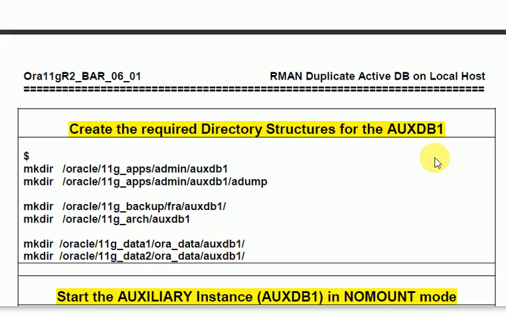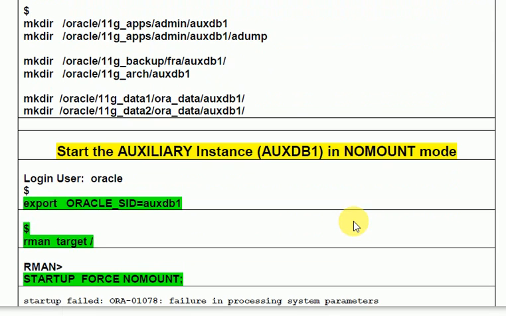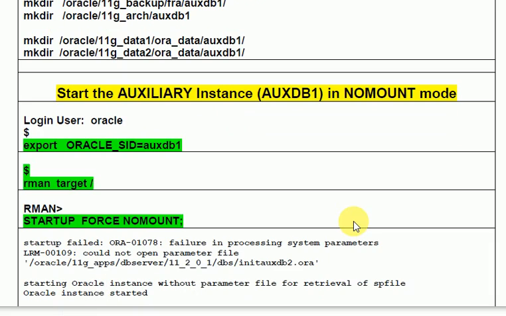Once that is done, you create the directory structures for the dump directories, audit data, database data files, flash recovery area, and archive files. In this exercise, once the pre-activity is done, we have to put the auxiliary database in NOMOUNT mode. It can be done in two stages.